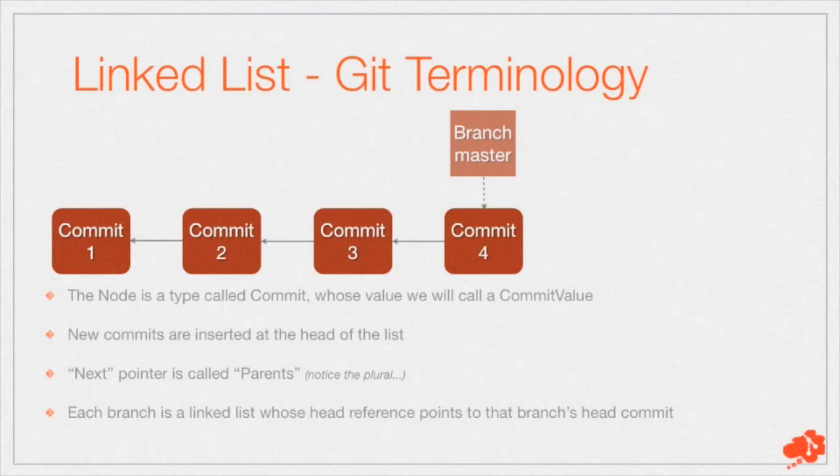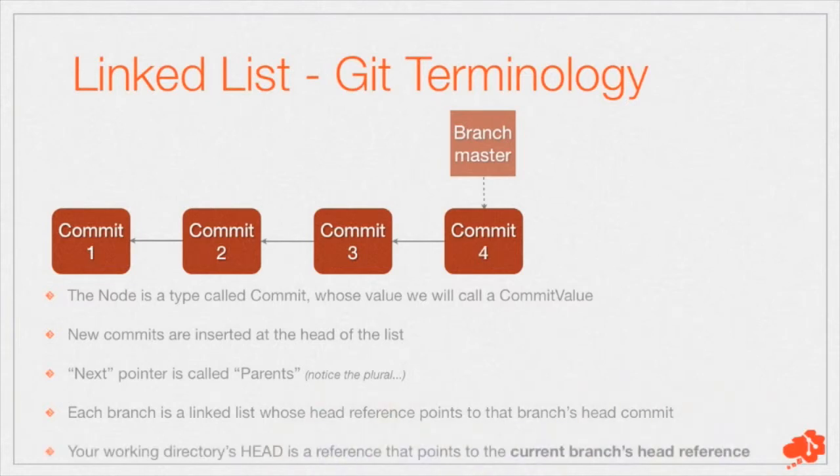If you look at the branch, each branch is actually a linked list whose head reference points to the branch's head commit. So in this case, branch master is the linked list that starts with commit 4. And your working directory, which is the directory in which you make modifications to files, has a head pointer, and it is just a reference that points to the current branch's head reference.